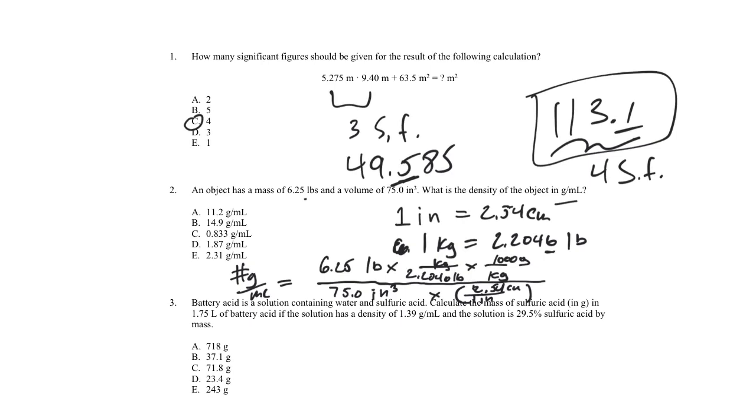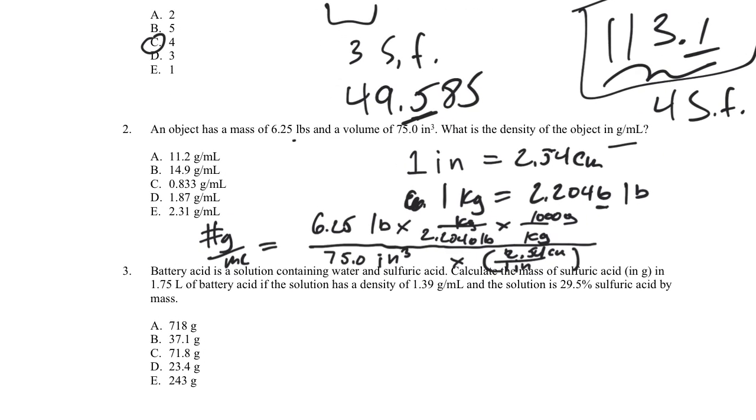I'm going to zoom in a little bit here. Let me erase this part here and rewrite it. So 1 inch is 2.54 centimeters, and we need to cube the whole factor.